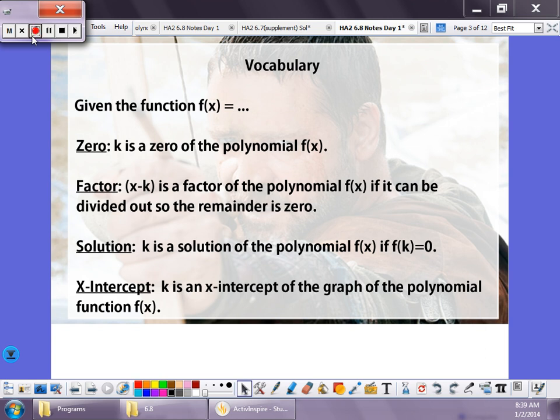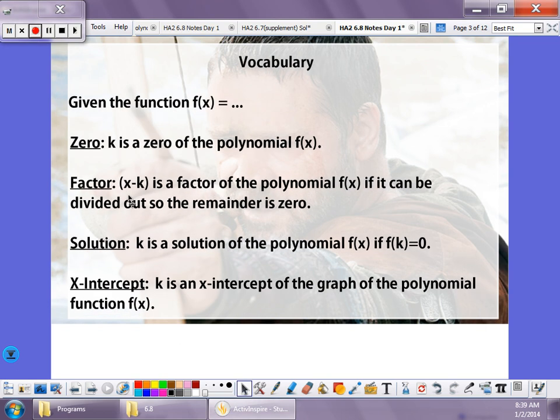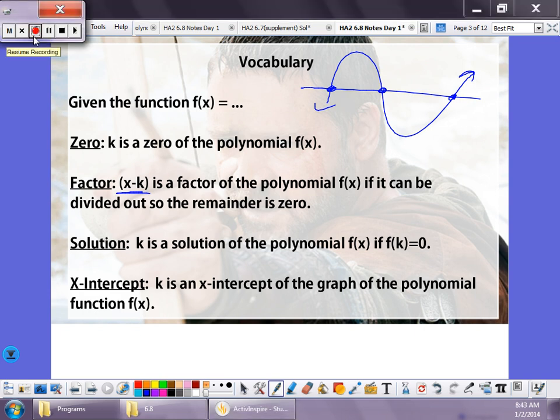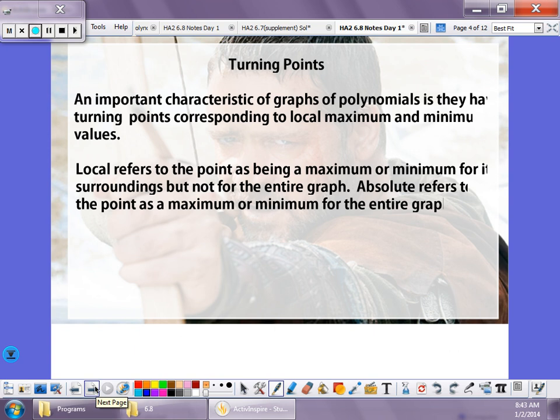All right, so if you're asked for the zeros, the solutions, or the x-intercepts, you're just giving your zeros. And if you're asked for the factors, you just put it in x minus k form. And you've seen that before. So a 0 is just where it crosses the x-axis. So those would be your zeros in that graph.